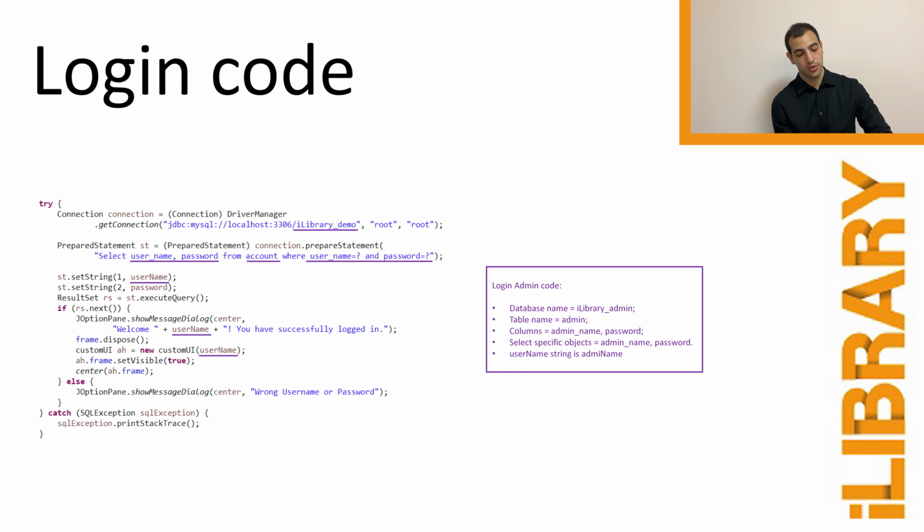Now, in this code, we do the comparison between the input data and the saved data, and we are able to search between the database saved data using the if rs.next, so it means the result set.